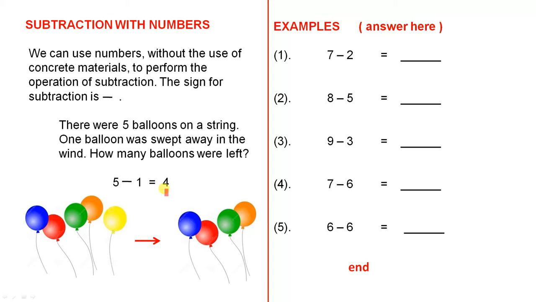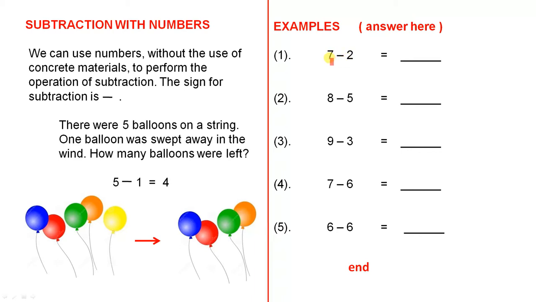Now the good way to check this is, see the 4, put your pencil on the 4, pretend that's a number line like we did earlier, and count 1 to the right. So you have 4, then you go 5. And that's how you check that the answer is correct, because you end up with that answer. So let's do some examples here with these numbers. 7 take away 2. You could say something like you had 7 apples and you gave 2 away.